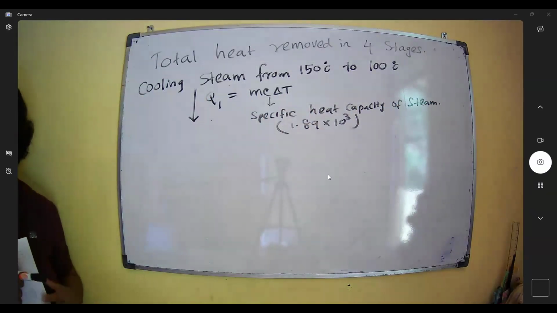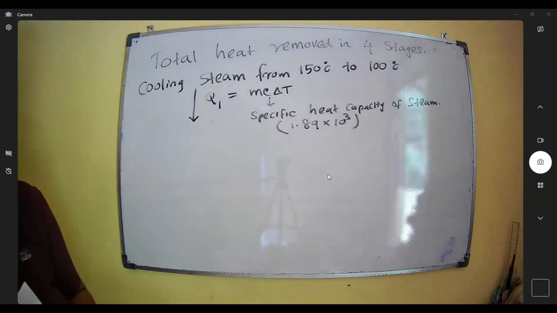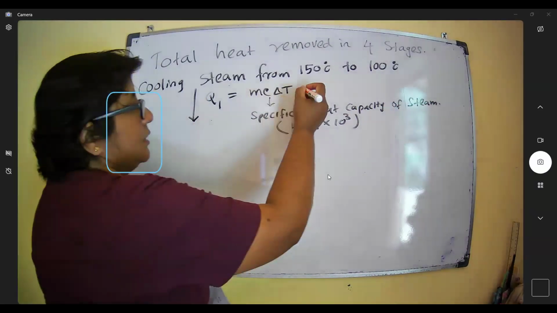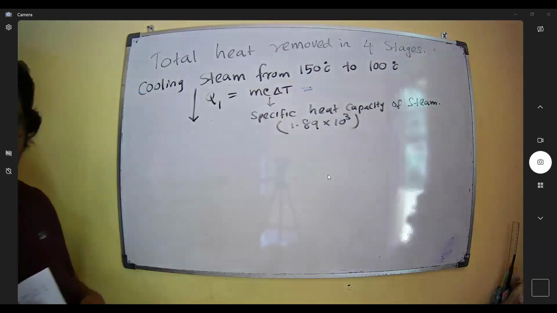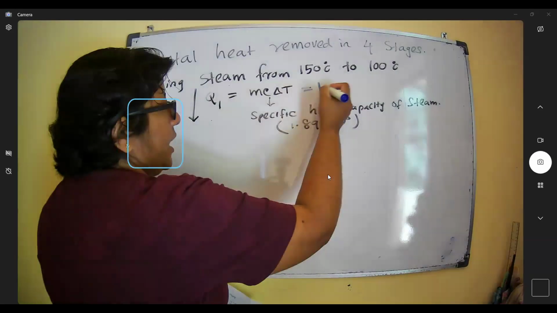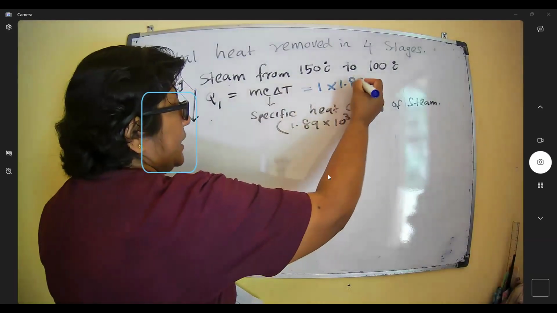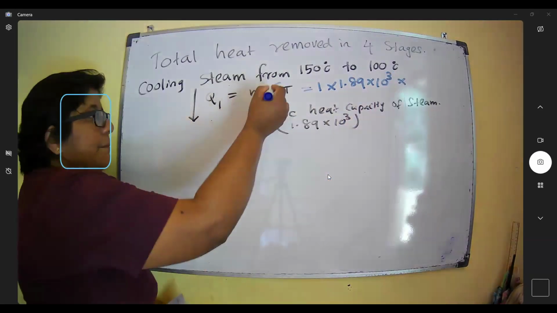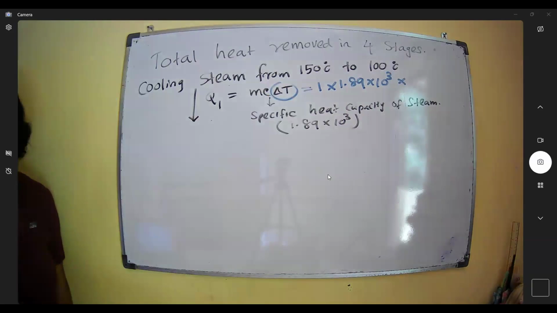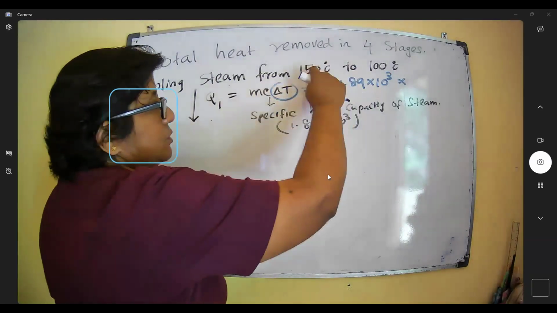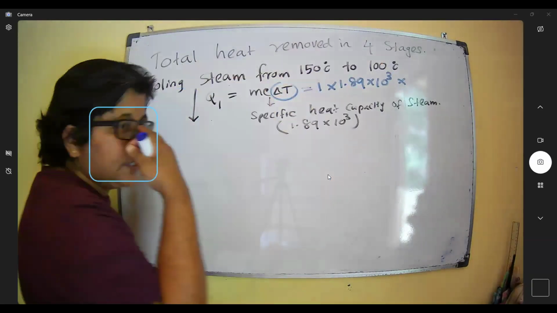They will mention that, and with the given data you can find mcΔT. Then we substitute: m is 1 kilogram of water, so 1 kilogram × 1.89 × 10³ × ΔT, the change in temperature. It can be substituted in Kelvin or Celsius, both are correct, because we are taking the temperature change, 150 Celsius minus 100 Celsius.